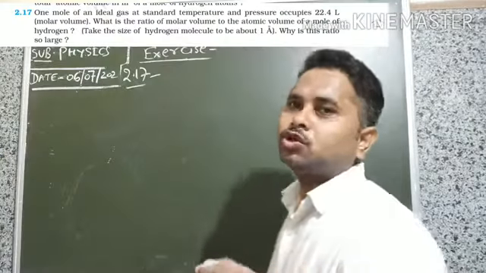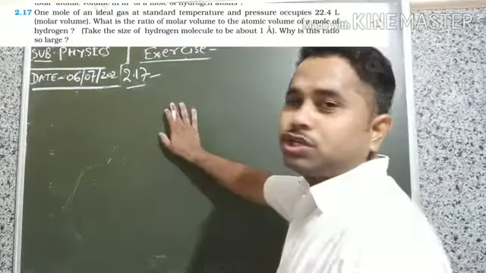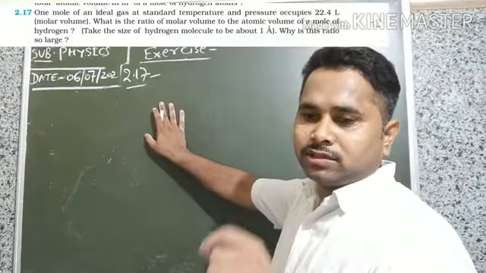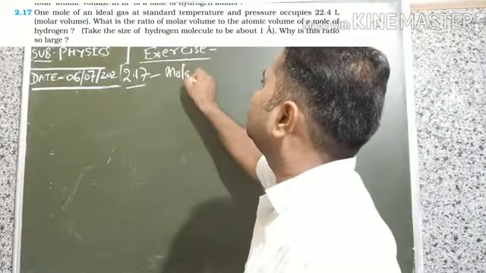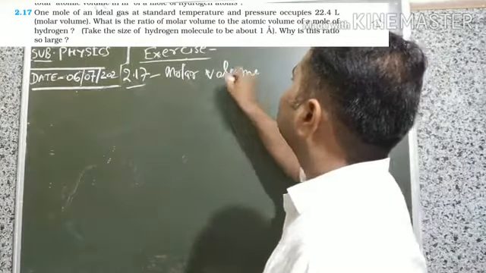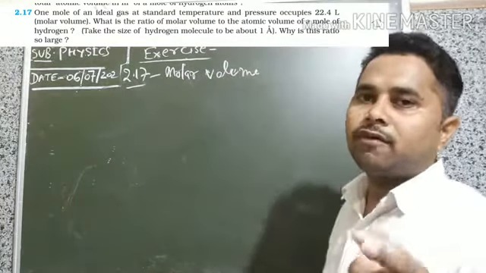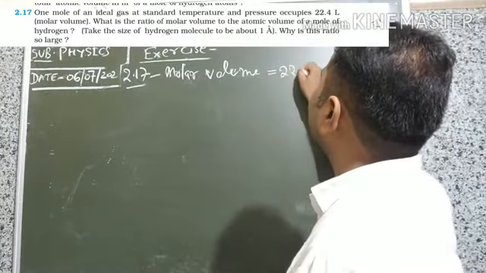Now see question number 2.17 on the screen. The question says the molar volume of 1 mole of hydrogen molecule is 22.4 liter.